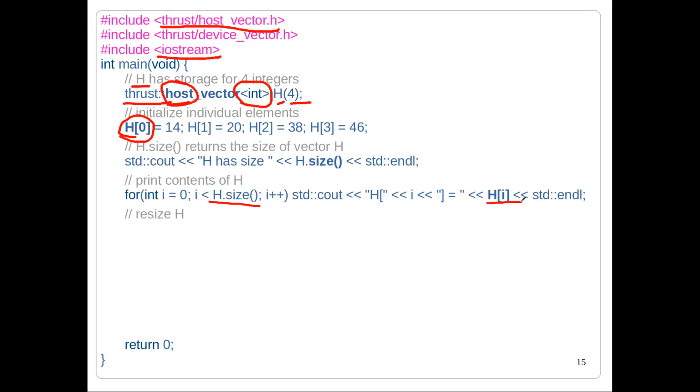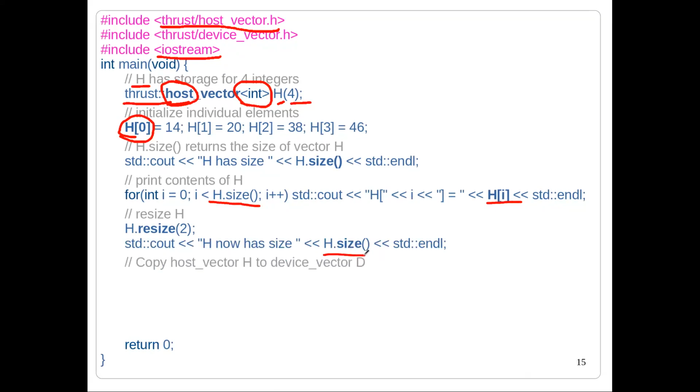I can resize h on the CPU, and I can do it also on the GPU. So I can just do h.resize, and now the size will say that it is going to be 2 instead of 4. Now I can copy this host vector from CPU to GPU. Right? In general, we would have used cudaMemcpy.